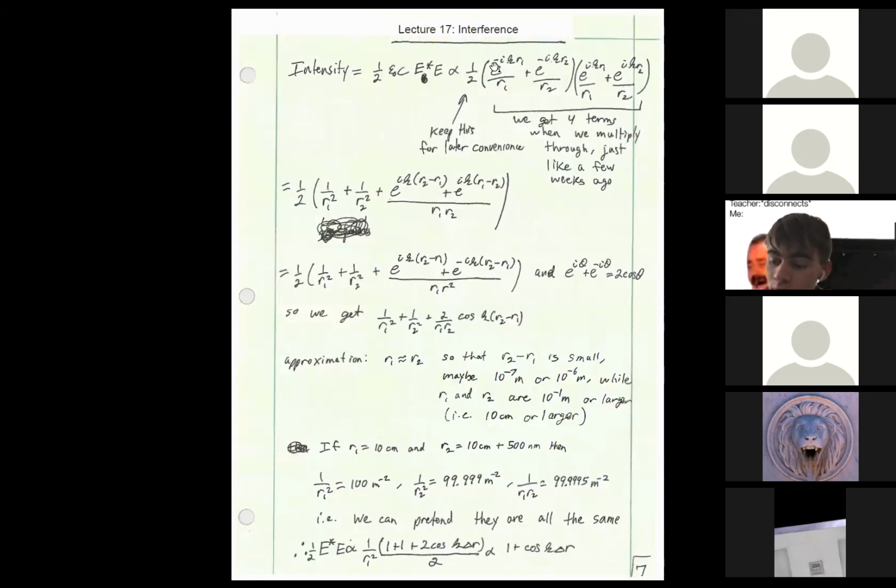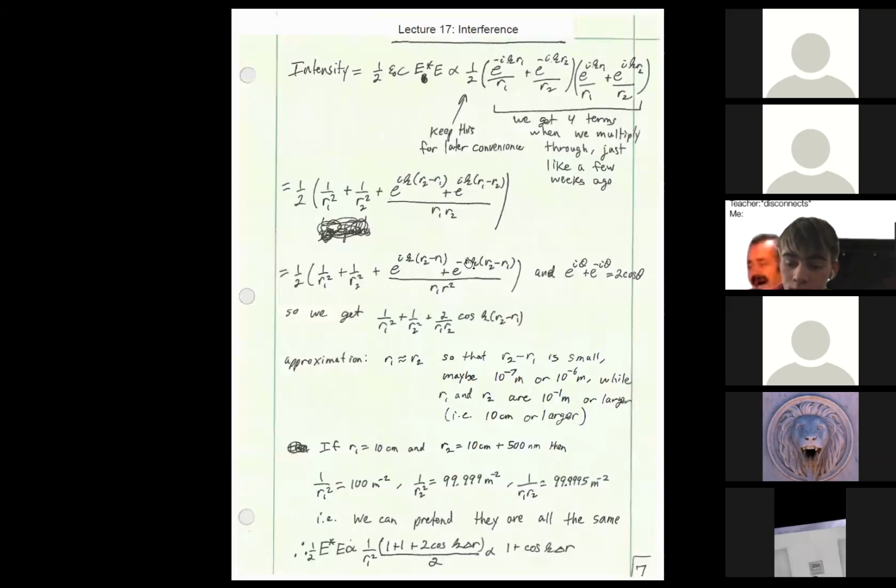But then we have terms where the complex phase factors don't cancel out to 1. If we take this term and multiply it by here, we're going to get e to the i k, the difference of the r's. And here we're going to get e to the i k times minus the difference of the r's.